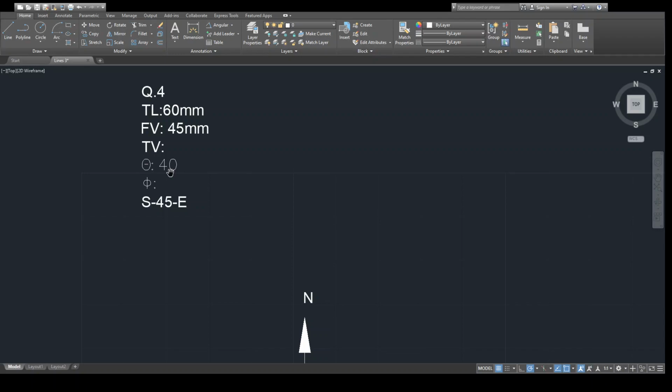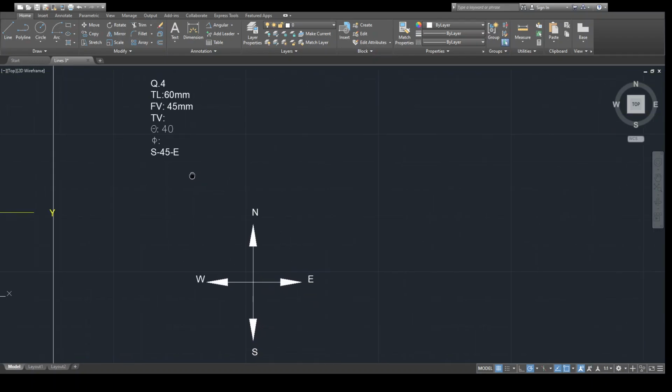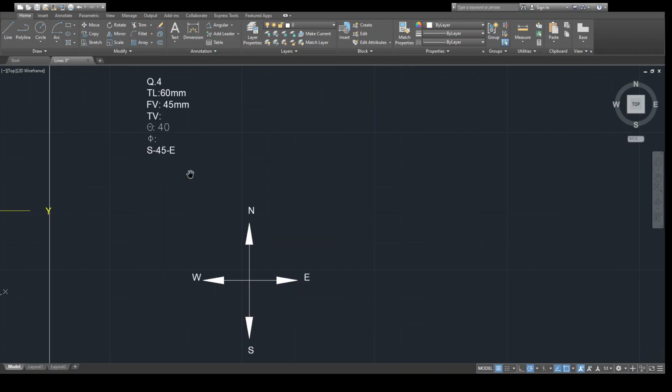to HP, is given. And here, instead of the alpha beta projection system, we will use the nomenclature system. In some cases we use alpha and beta, where alpha is the front view inclination of a line and beta is the top view inclination of a line.